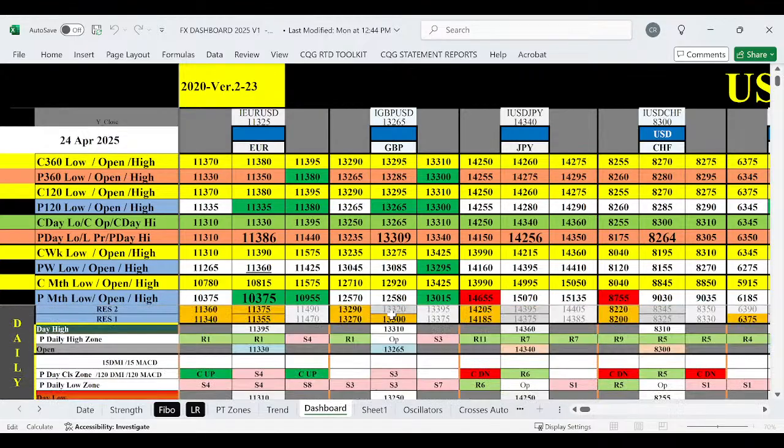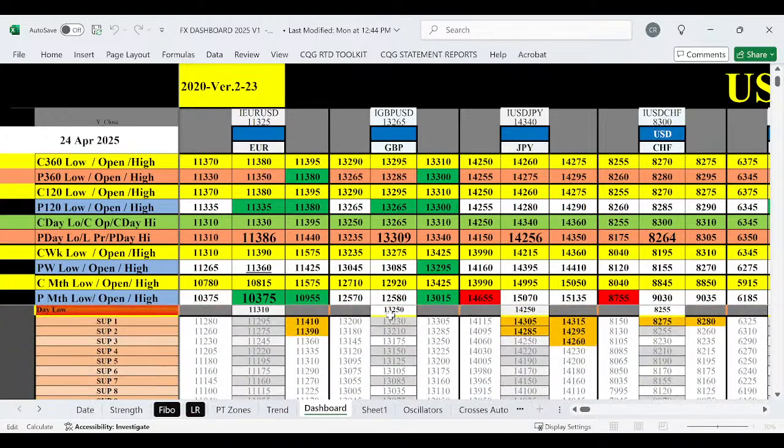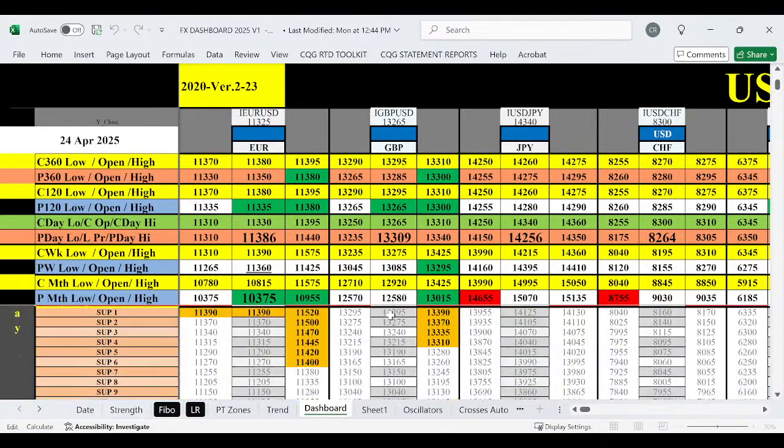Okay, and 11470, 11490, there is a resistance, so we should be looking to the price to turn down before 11410, 11440, 11470. Okay, so any one of these three levels we expect this market to turn down.